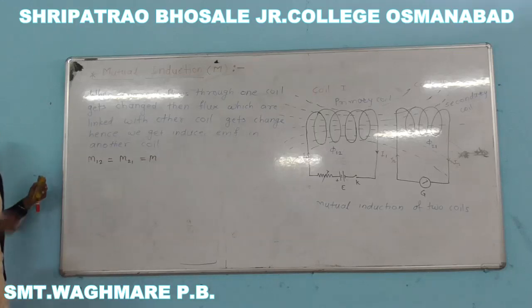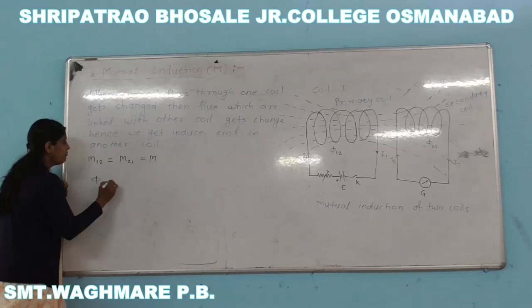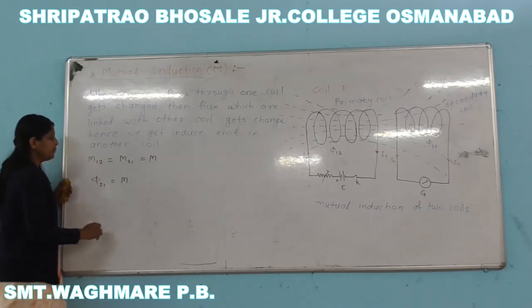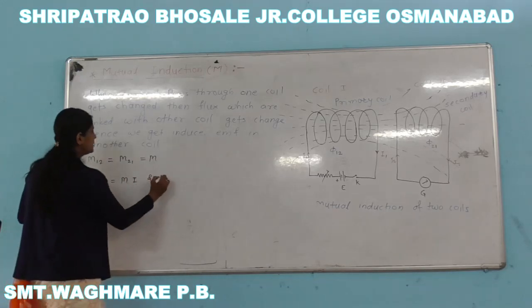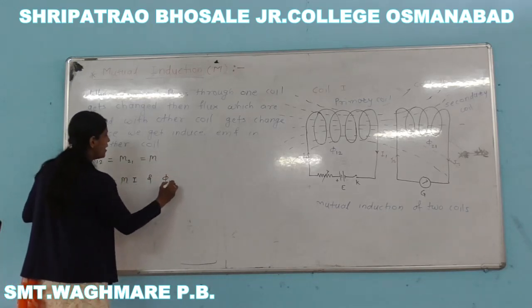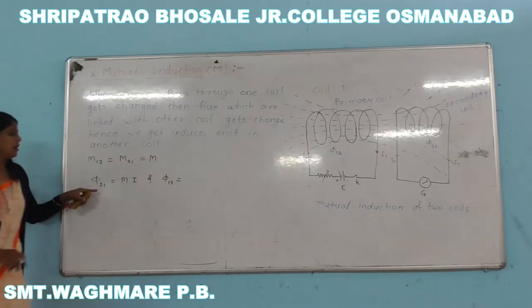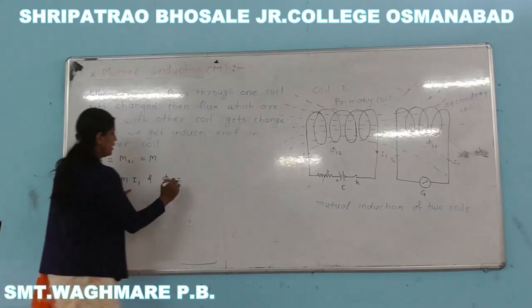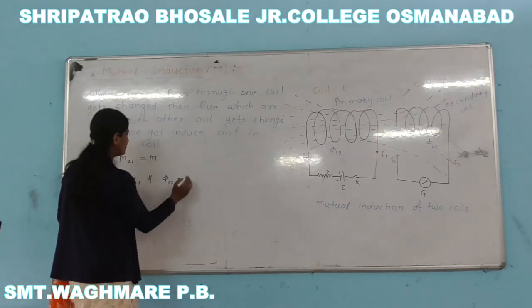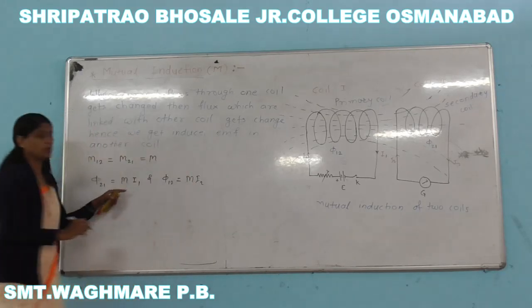And therefore we can write here magnetic flux Phi21 is equal to M into I1, and the magnetic flux Phi12 is equal to M I2.